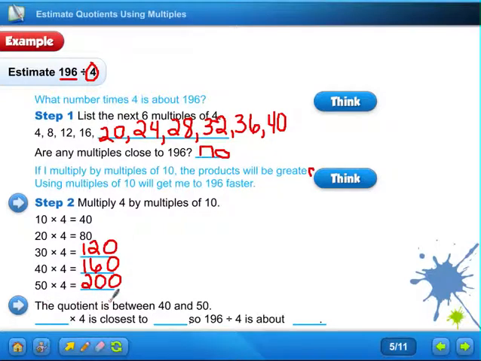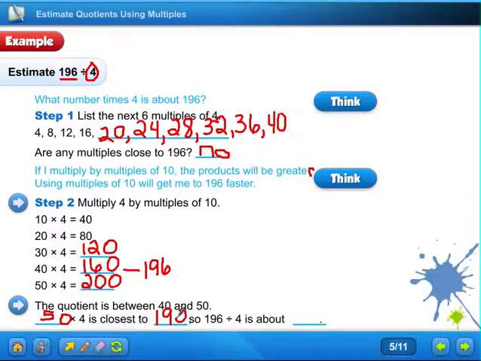The quotient is between, right here, we would put 196. It is between the 40 and the 50 when you multiplied it. 50 times 4 is closest to 196.